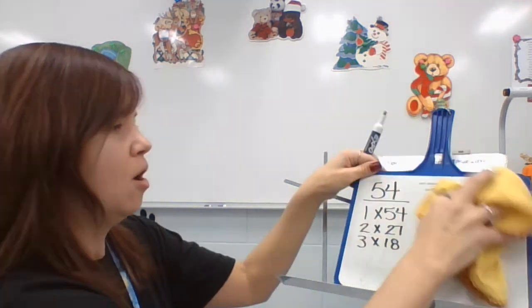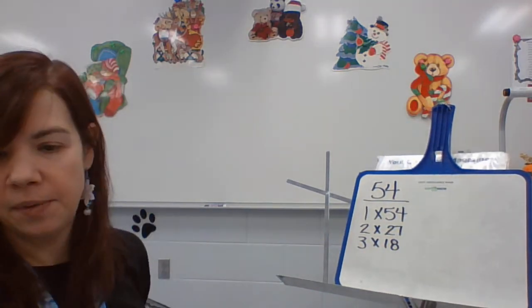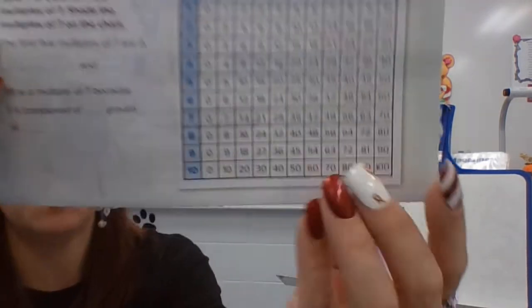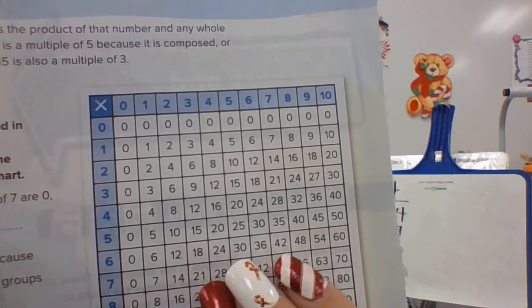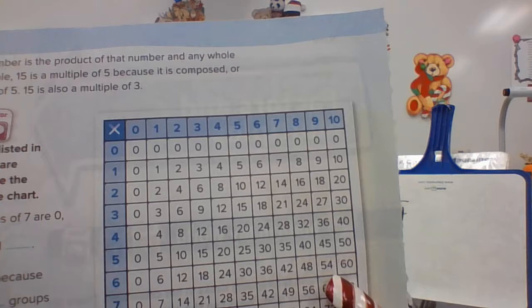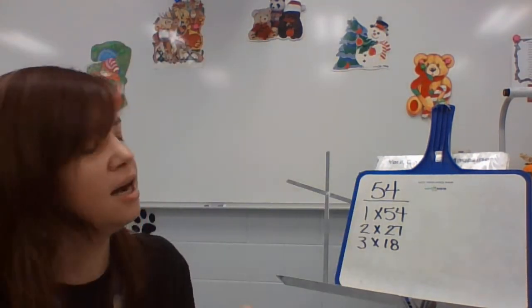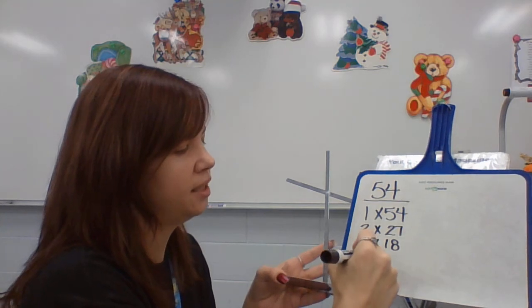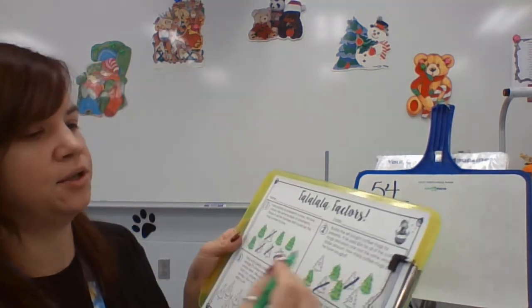Okay. All right, 9, 8, and 6. 6 is the next possibility. So I look across my multiplication chart. Okay. Well, wait a minute. There it is. 54. So it's times 9. So 6 times 9 are factors.